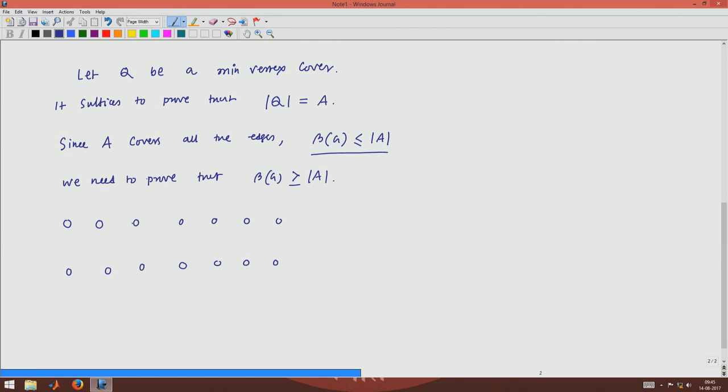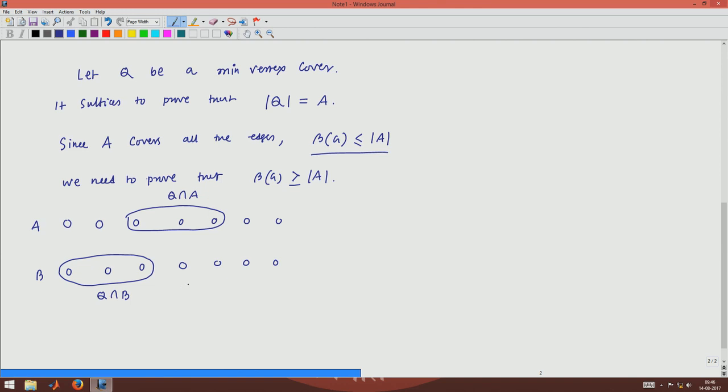So, Q consists of, so this is the part A and this is the part B. So, Q contains some vertices from part A. Suppose these are the vertices from part A in Q. So, this is Q intersection A, and also Q contains some vertices from part B, say these three vertices from part B. So, this is Q intersection B.